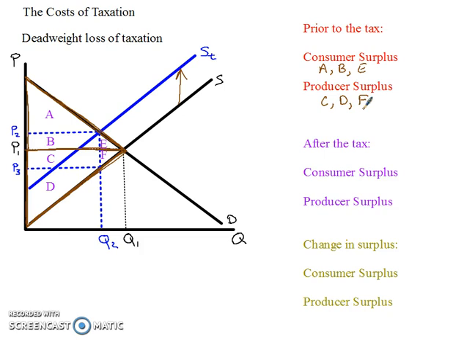Now, the question is what happens after the tax. After the tax, we get this new supply curve with this new equilibrium price. So what's going to happen to consumer surplus? Consumer surplus is now going to be above P2, the price the consumer now has to pay for the good, and below the demand curve.